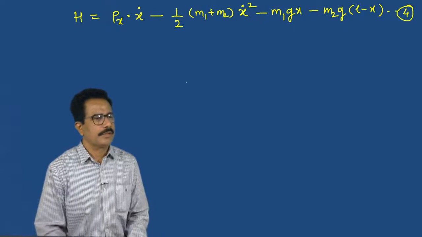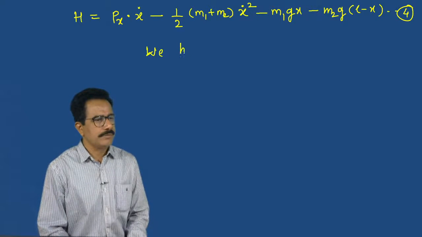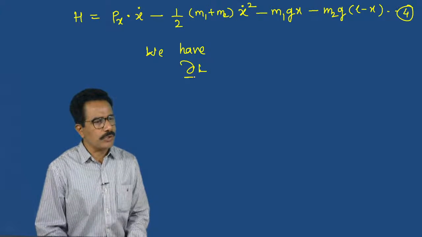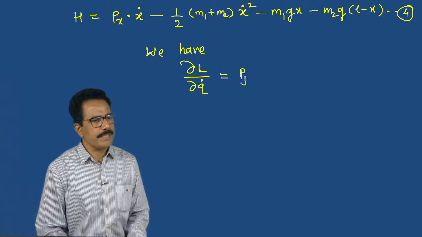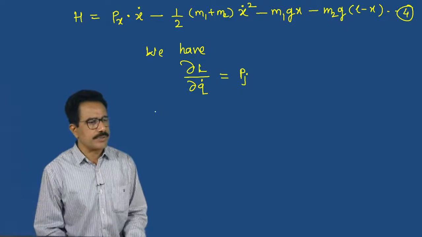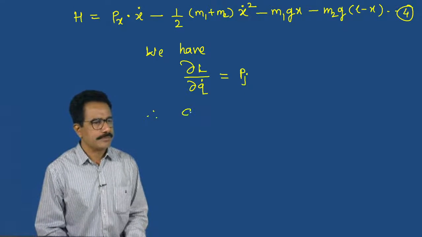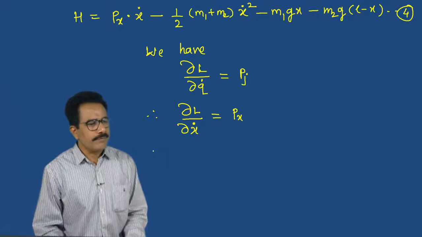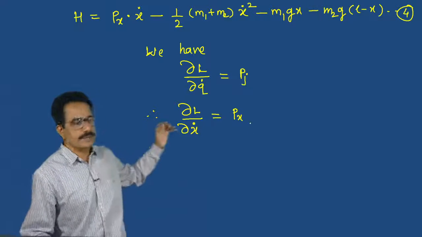We have dou L by dou Qj dot which is equals to Pj. But here is only one generalized coordinate, so dou L by dou x dot which is equals to Px. Therefore, dou L by dou x dot.